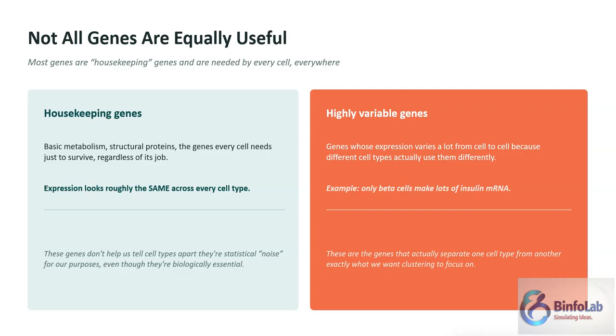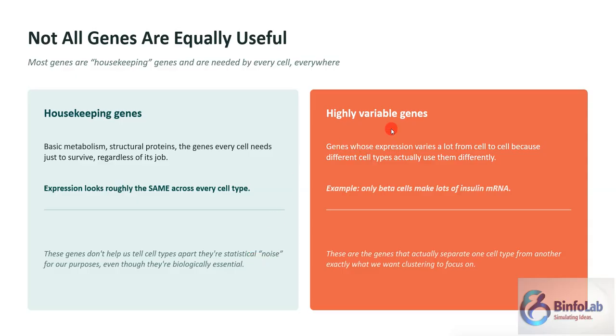We are actually looking for hypervariable genes, or genes which show high variability, and housekeeping genes do not retain this property. They will show almost the same expression. So that's why we call it statistical noise.